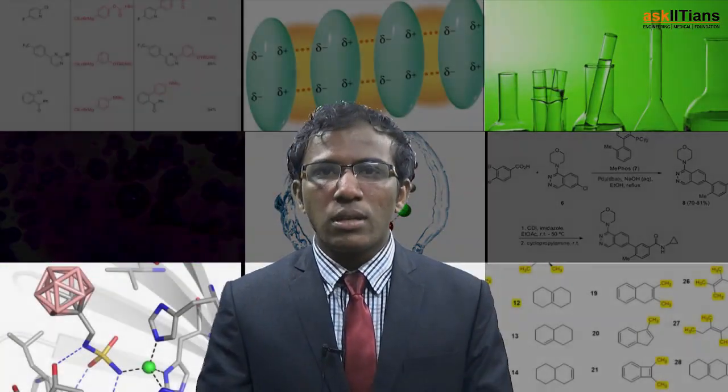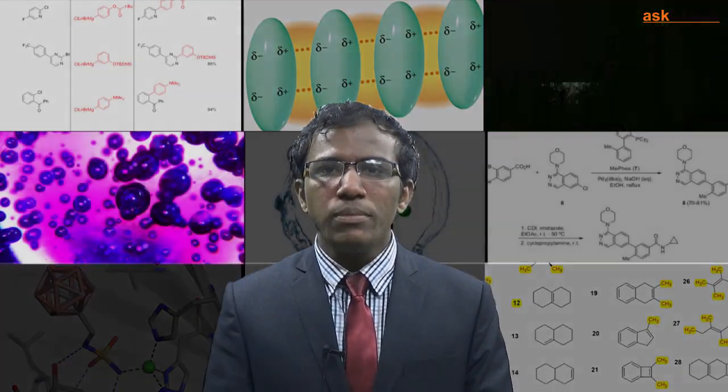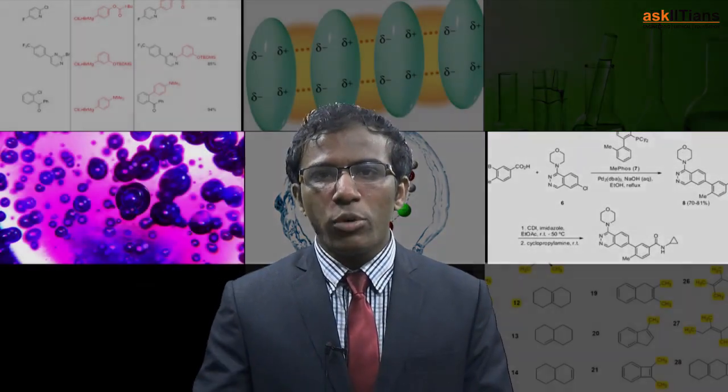We also discussed how they interact with the metals sodium, magnesium and lithium, and we saw the reduction reactions. In our next part we are going to discuss the very important reactions for IIT-JEE and other competitive exams, the ring substitution reactions. So don't go away, keep watching for my next part.